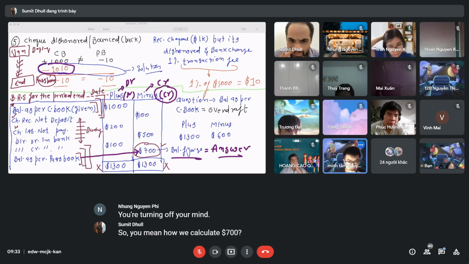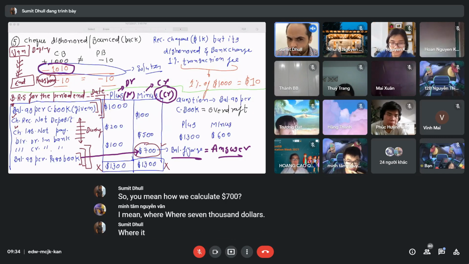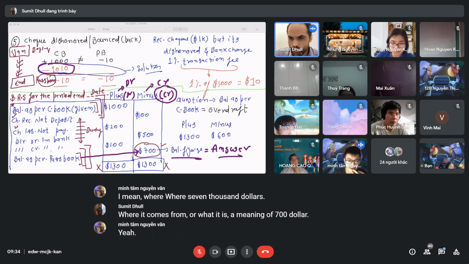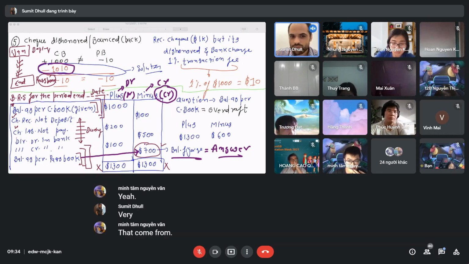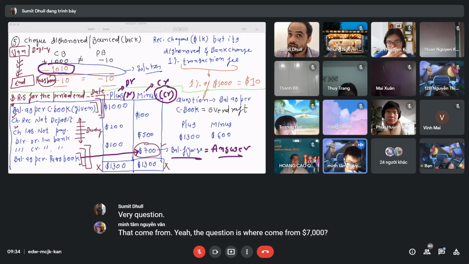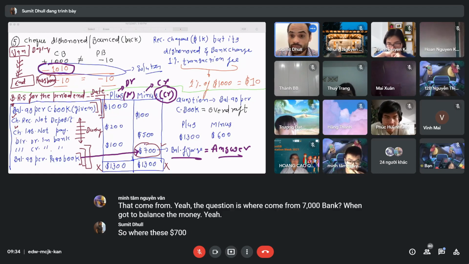I mean, where does the $7,000 come from, or what is the meaning of $700? The question is where does the $7,000 come from that the bank got to balance the money? So where does the $700 come from?